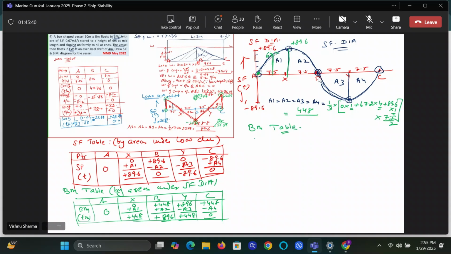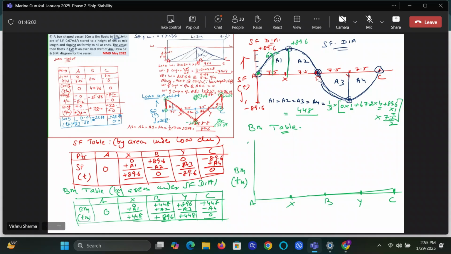I have only plus, so in this case, I don't have to have anything below the x-axis. I can take the liberty of stretching it down. I have A, then I have X, same distance I have B, same distance I have Y, and same distance I have C. I'll have BM in ton meter.